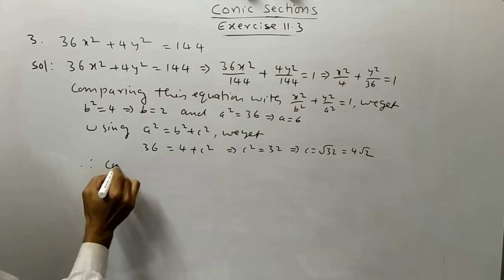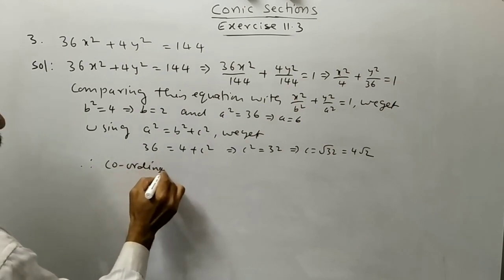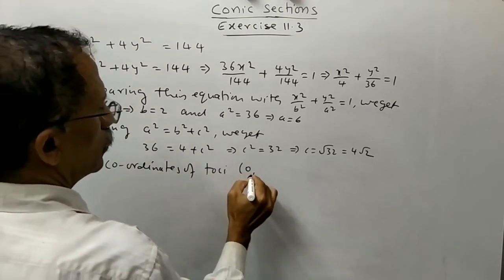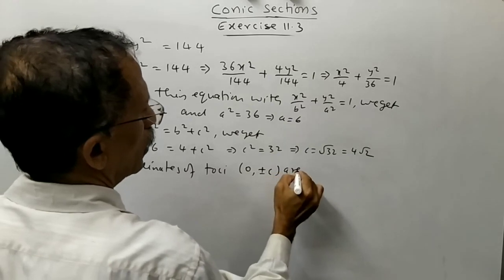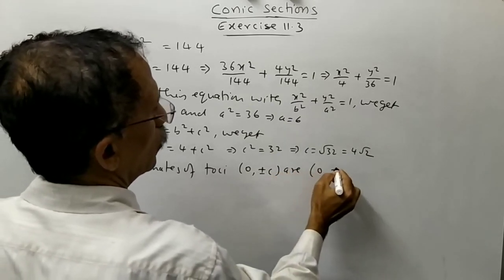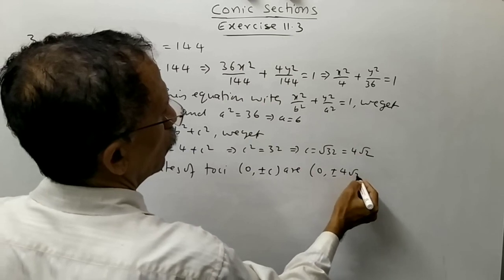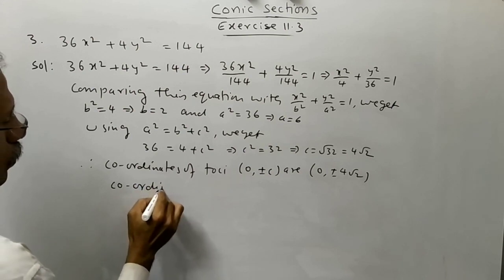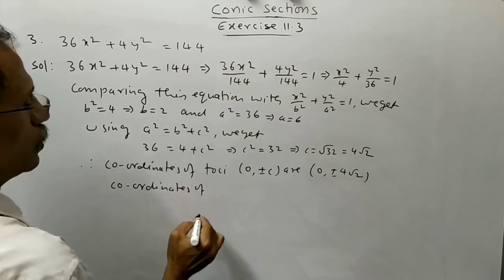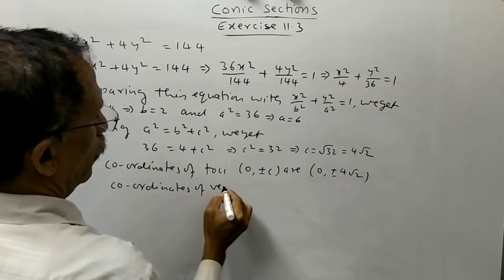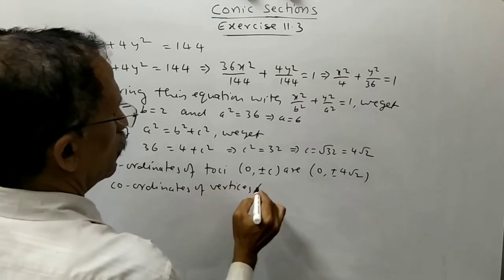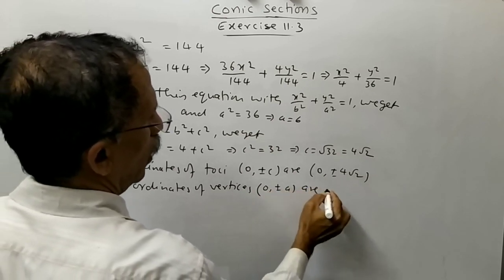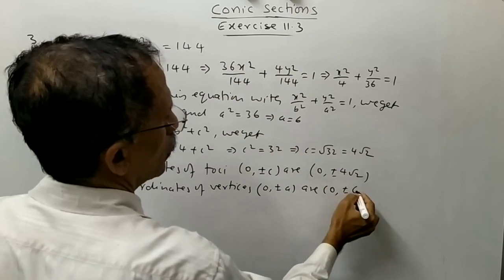Therefore, coordinates of foci 0, plus or minus c are 0, plus or minus 4 root 2. Coordinates of vertices 0, plus or minus a are 0, plus or minus 6.